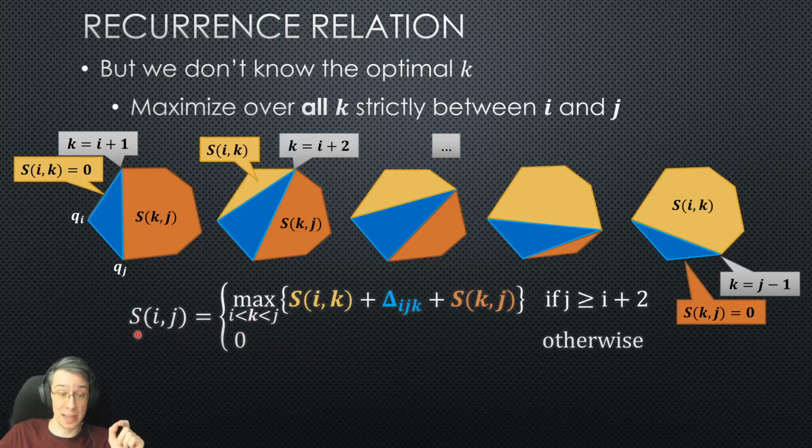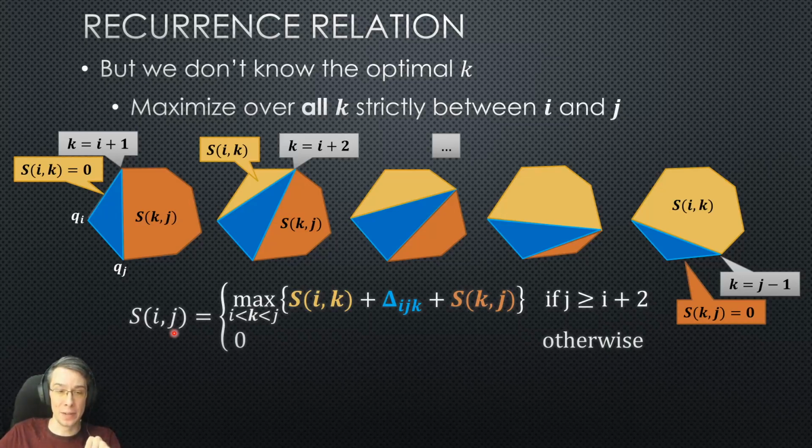Here's our recurrence. S of ij is the optimal sum of perimeters for the optimal triangulation of the polygon consisting of points qi up to qj. These were points that were all consecutive and part of the original polygon, which was convex, and they were all sorted clockwise.